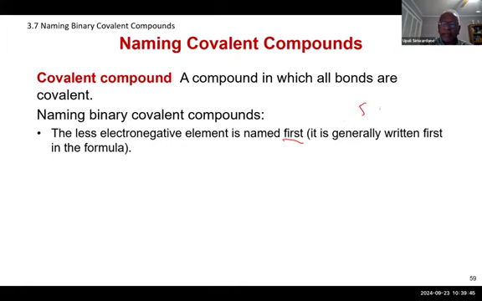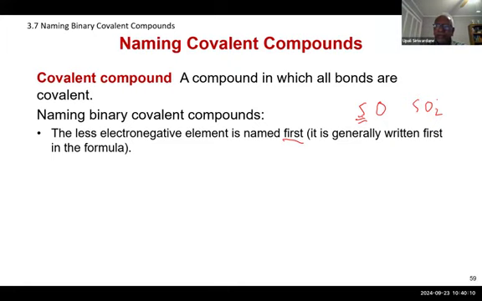So when you're naming sulfur and oxygen, if you look at the periodic table, sulfur, S, is less electronegative. Therefore, sulfur first, and you have to say sulfur dioxide. In an ionic compound, we don't do that; it would normally be sulfur oxide. But for covalent compounds, you say sulfur dioxide.